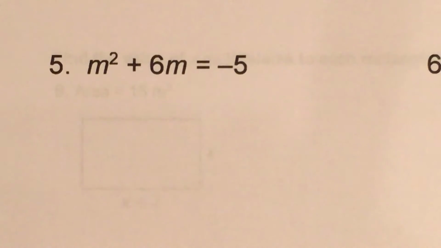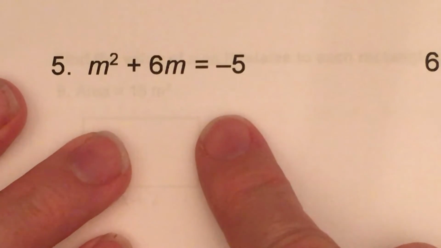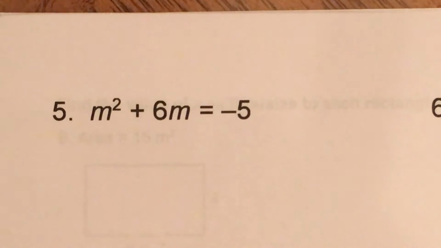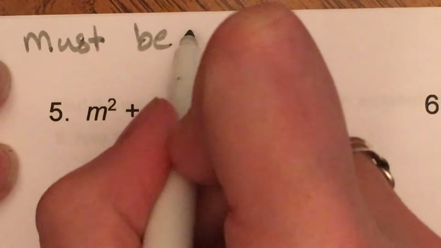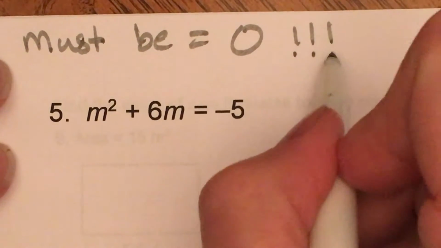Let's go look at problem number 5 together. Now, in number 5, we said to begin with, these problems have to be equal to 0. This one's not. So let's make a note. Must be equal to 0. That's like a have to.